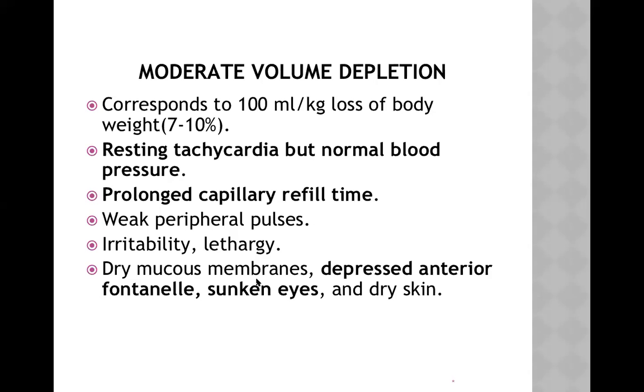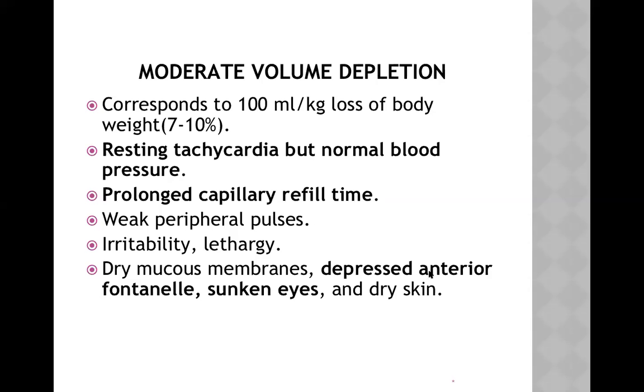If you examine the eye, there will be a lack of tears. The conjunctiva will become dry because no tears are flowing there. And if you open the mouth of that child, there is no saliva, so the oral cavity is also dry. It means the secretions have dried up. It is a feature of moderate to severe volume depletion.